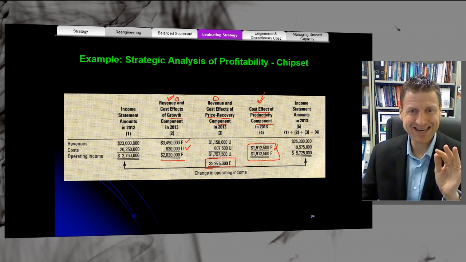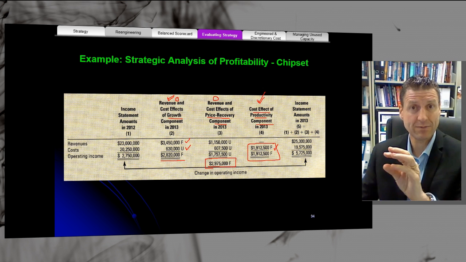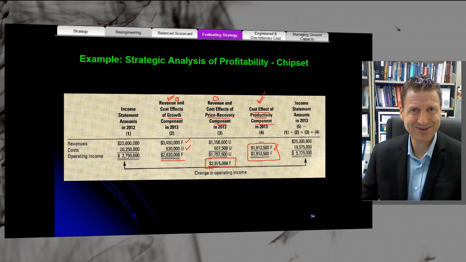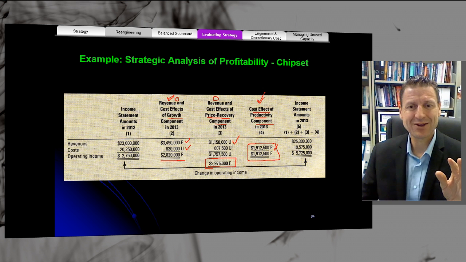However, chipset was not able to do well on the price recovery. Remember, it went from $23 in 2012 down to $22 in 2013, and the costs went up. So not so good, but this isn't a focus of chipset strategy.